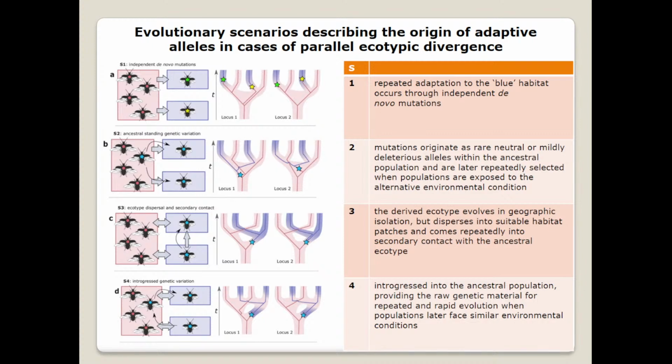And in this picture you can see 4 types: independent de novo mutation, it is A; ancestral standing genetic variation, it is B; ecotype, dispersal and secondary contact, C; and introgressed genetic variation, D. All this is connected with mutation.